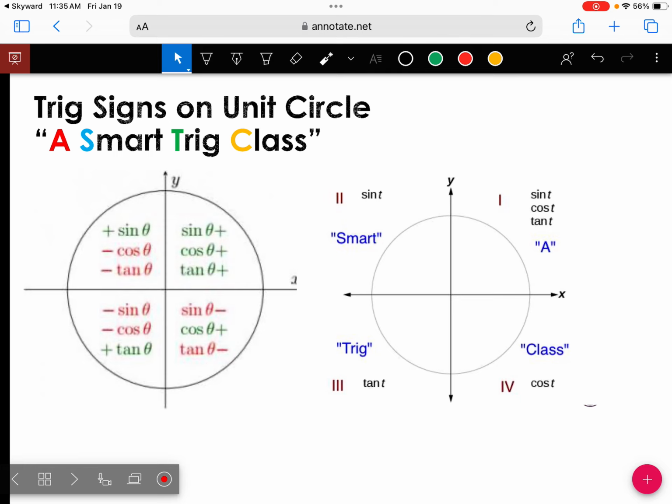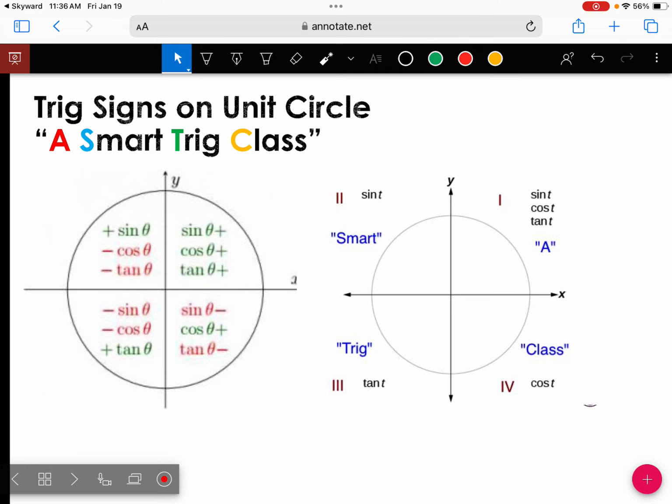All right, so one thing that's really important for us on a unit circle is realizing where these three ingredients are positive and when they're negative. And so the mnemonic device, a smart trig class, which hopefully we are when we're working with the unit circle, even though it's pre-calc, right? A smart trig class is going to be how we remember.